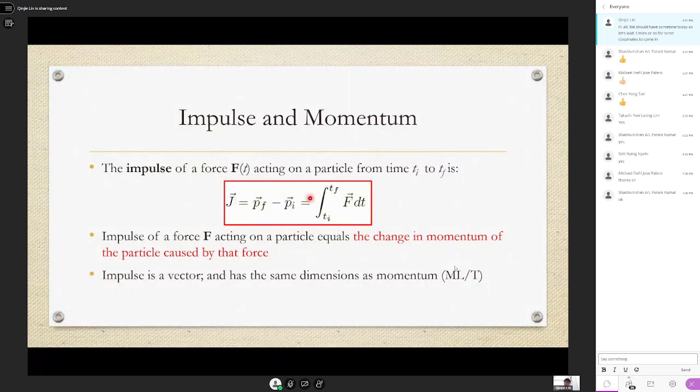Not the rate of change of momentum. Impulse simply means the change in momentum, just the change only. So you take the final minus the initial, and you get the impulse. In other words, impulse equals the integral of f dt. So the impulse of a force F acting on a particle equals the change in momentum of the particle caused by that force. Just describing this equation.